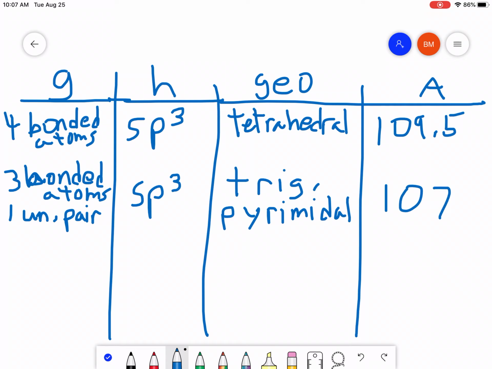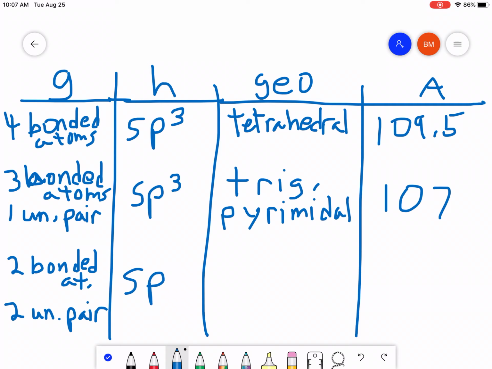Now, we've also seen that we can have 2 bonded atoms and 2 unshared pairs. This is like the oxygen we saw in water. Again, it's got 4 groups, so it's still sp3, but has a different geometry. I'm sure you're well versed with the geometry of water now.